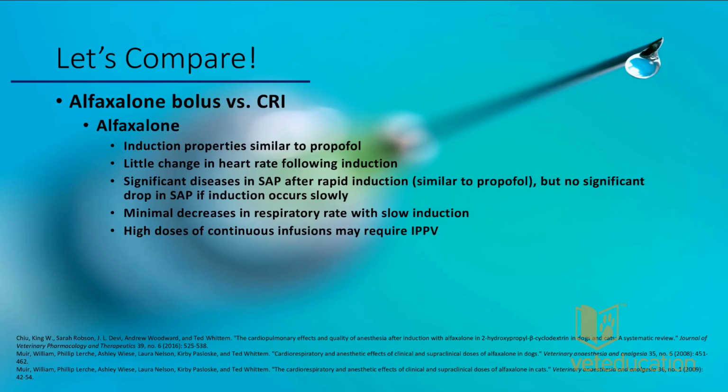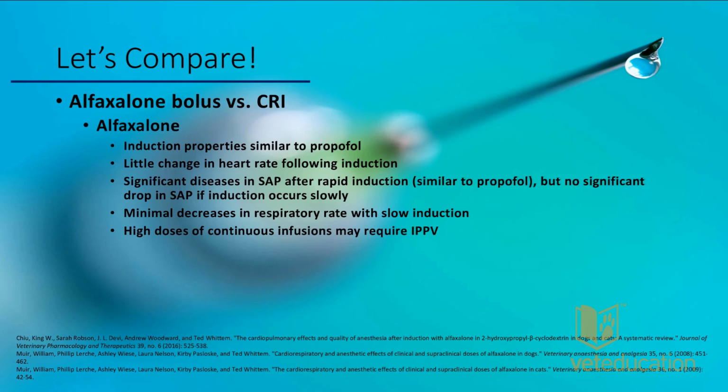And one of the deleterious side effects of that technique was that not only was post-induction apnea a real issue, but we also saw significant decreases in systolic arterial blood pressure with these rapid injections. And so in the last 20 or so years, we've moved to a much slower induction protocol using propofol, and they found that with alfaxolone a slower induction protocol results in less decreases in systolic arterial blood pressure.